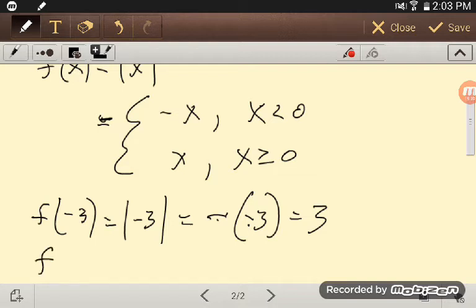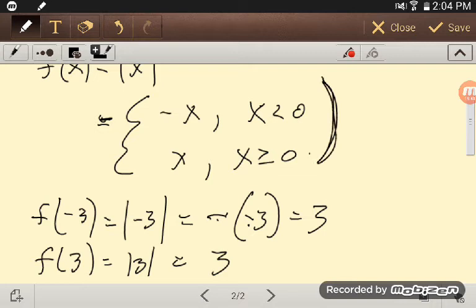And if I were to take f of 3, the positive 3, the absolute value of 3, according to my piecewise definition here, I would just use x, which is 3, and I get the right answer, 3. So, you know, actually, the absolute value of x is a piecewise defined function.